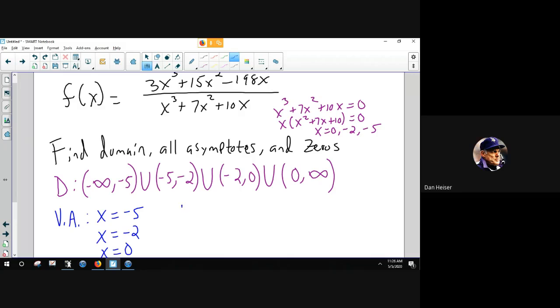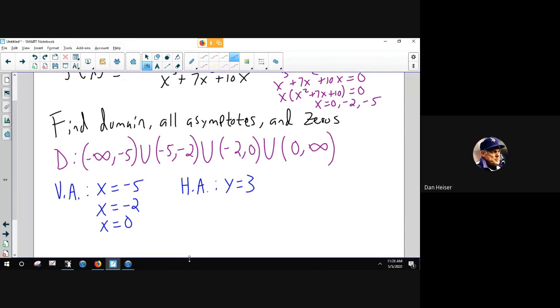It's horizontal, and y equals the ratio of the numerator's leading coefficient to the denominator's leading coefficient. Y equals 3. Because we have a horizontal, we do not have a slant. So we've covered all the asymptotes. All that's left is to cover the zeros.